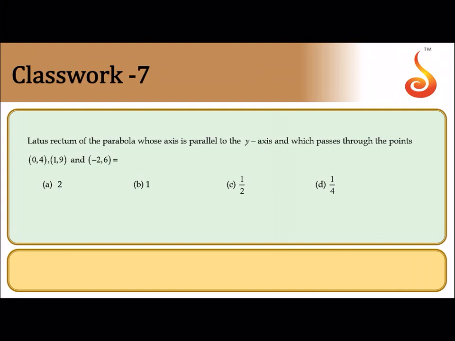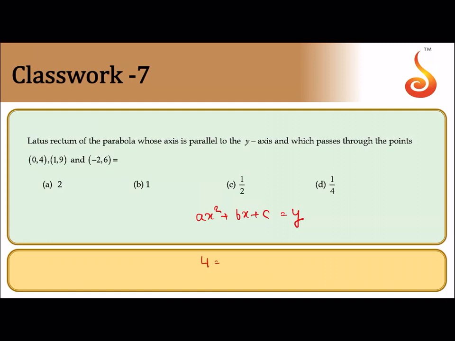Latus rectum of a parabola whose axis is parallel to the y-axis and which passes through the points 0, 4 and 1, 9 and minus 1, 9. Whenever this type of problem is given, we always consider the equation of the parabola as ax square plus bx plus c is equal to y, because it is symmetric about the y-axis.